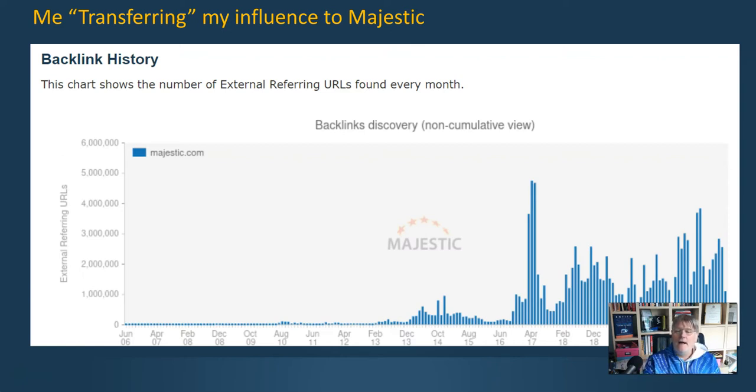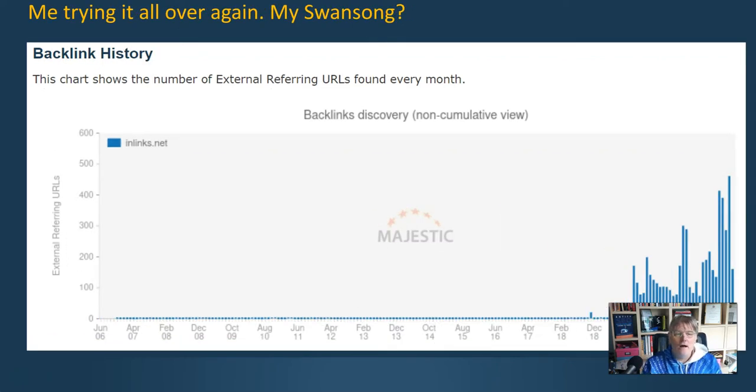Anyway, then we can also see that InLinks, which is my new business, if I tried to pretend that that business had been around since 2010, it would be clear that that would be a lie. The fact that we were doing some research on it many, many years before may be one thing, but frankly, we had nothing to show for it until around about 2019 when InLinks first had a website.